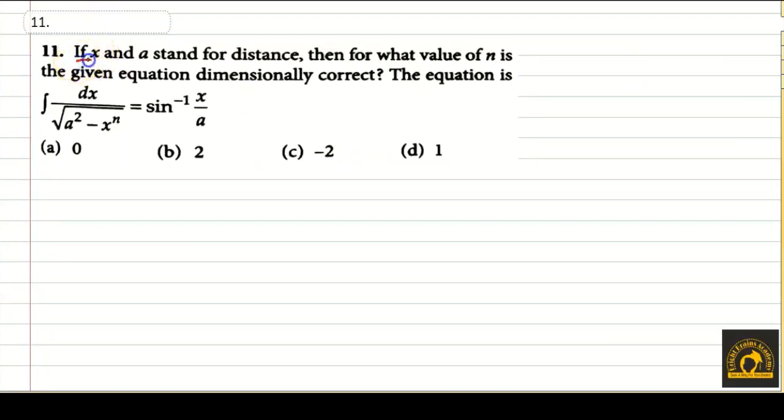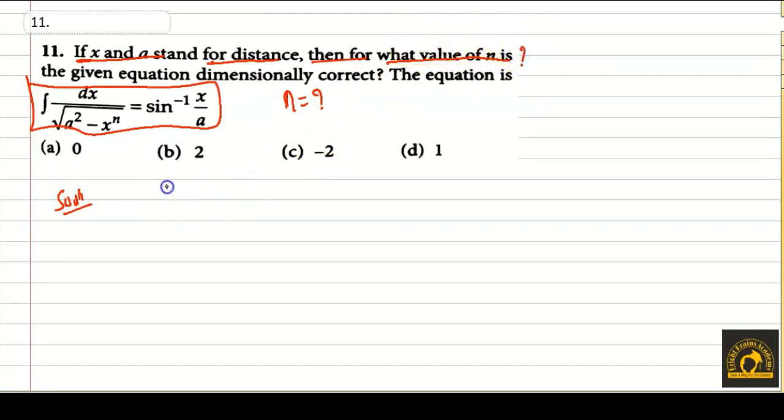So if x and A stand for distance, then for what value of n is the given equation dimensionally correct? So let's see the solution. This is the given equation, and in this equation you have to find out the n value.